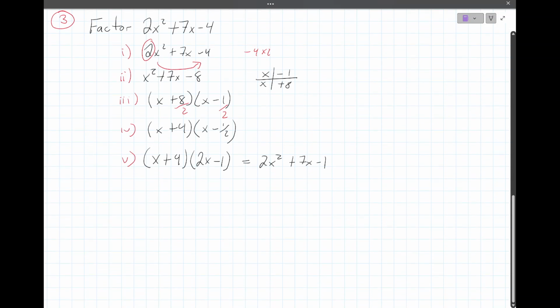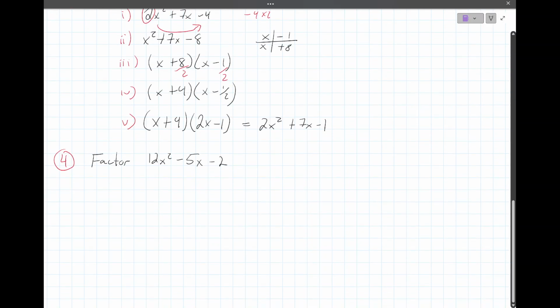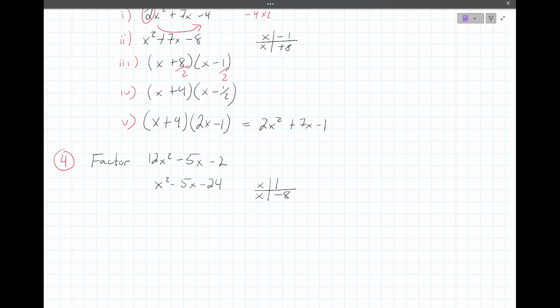So let's try it with example 4, where we'd have to do a ton of guessing and checking with the front factor. We're going to factor 12x squared minus 5x minus 2. With the box method, that's going to take a lot of time, but let's turn this into x squared minus 5x minus 24. In the box method, x and x, that's going to be minus 8 plus 3.